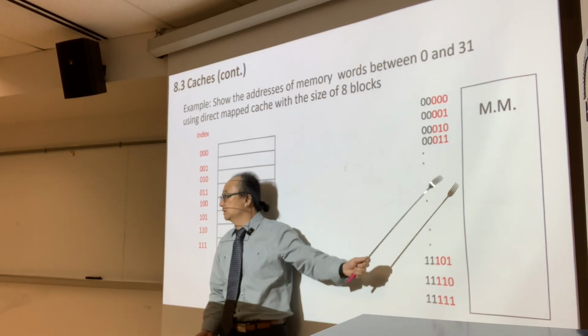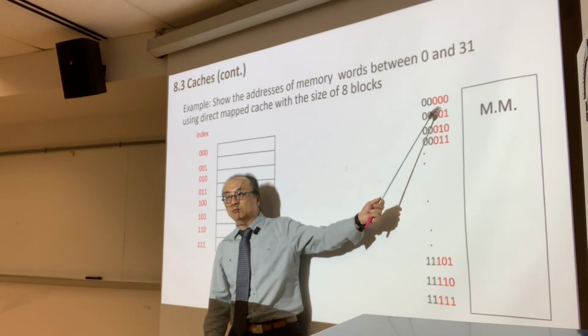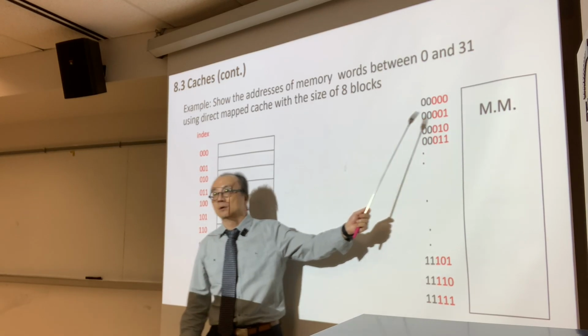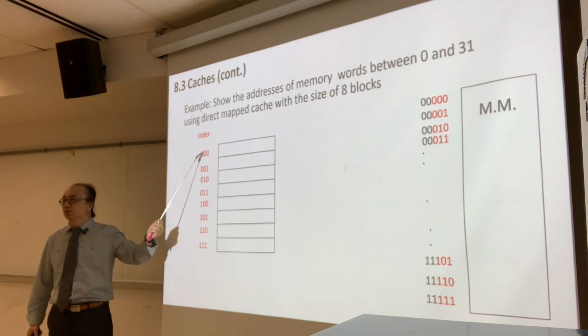That's the typical way, and that is the direct map. So I'm going to use the lower 3 bits. If the lower 3 bits are 000, I'm going to store into cache 000.